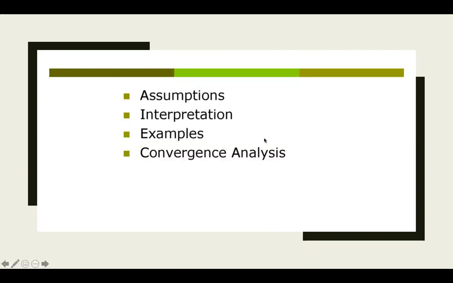What is the interpretation of the method? We will solve one example, look at the convergence analysis for the Newton-Raphson method, and see what its limitations are as compared to the bisection method.